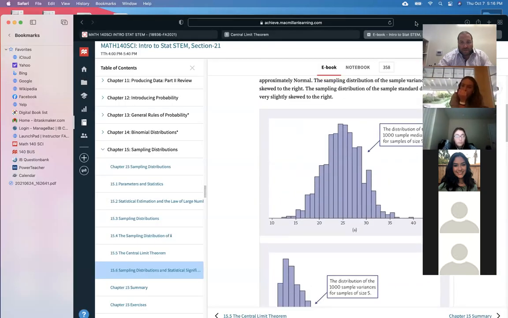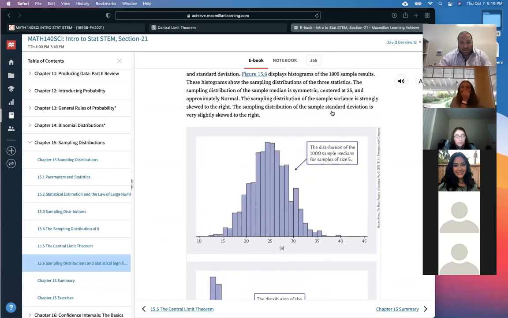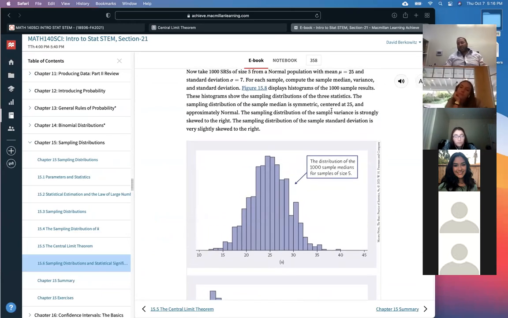Okay, so here's what happens. Again, I took 1,000 samples of size 10. In their case, they took the medians of their samples, but I took the averages. That's not what I want to focus on. But I took 1,000 samples.